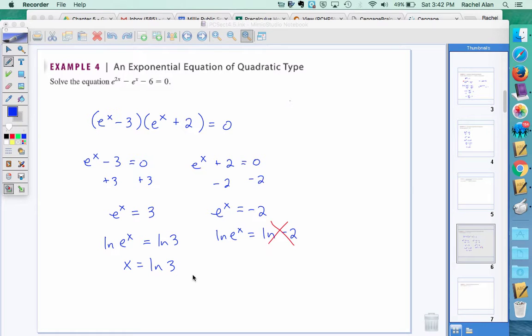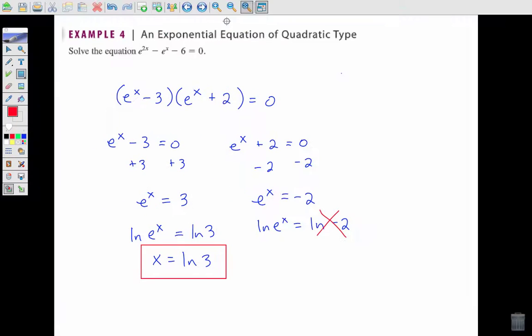So this one does not give us a solution. Our only solution is x equals the natural log of 3. You want to remember to check your answers on these. Make sure that your answer makes sense.